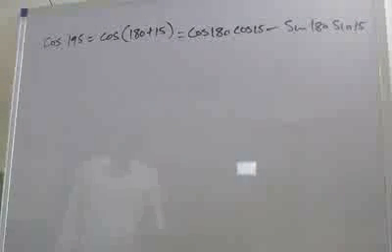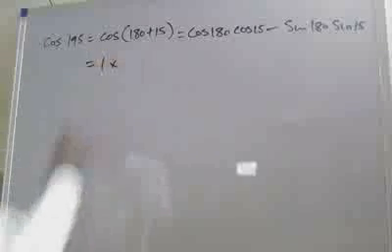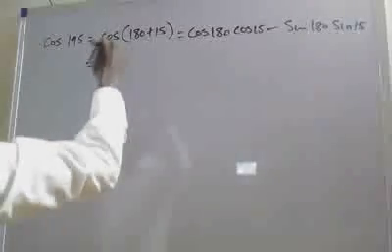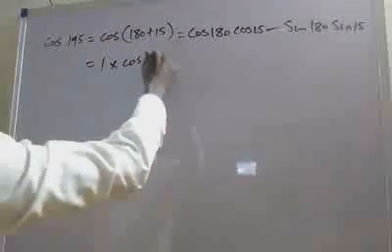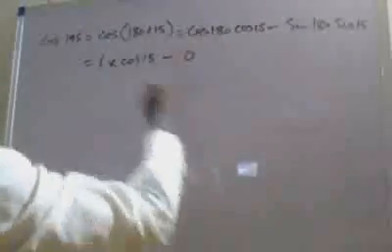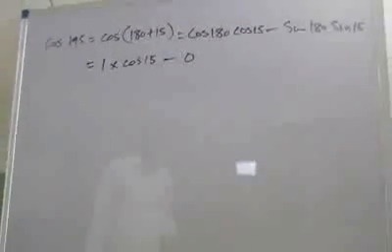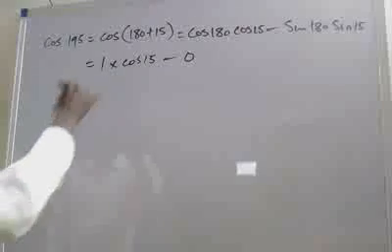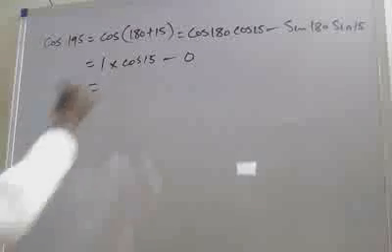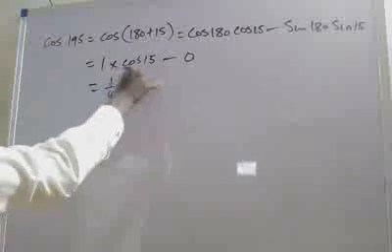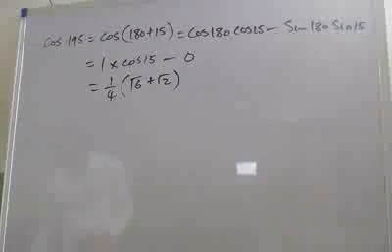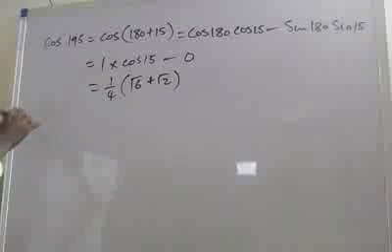Cos 180 is minus 1, so you have that times cos 15. Then the second part is 0 because sine 180 is 0. We already have the value for cos 15, which we know is 1 over 4 bracket root 6 plus root 2.